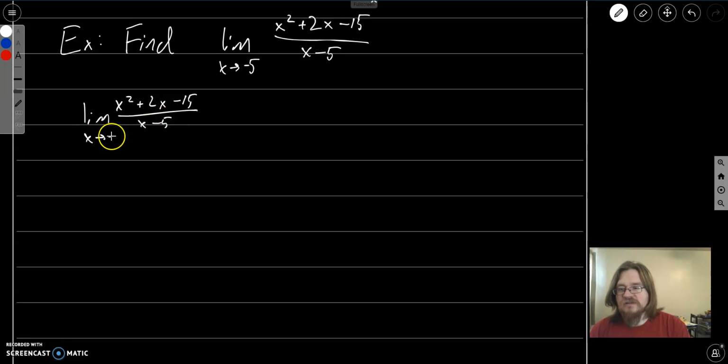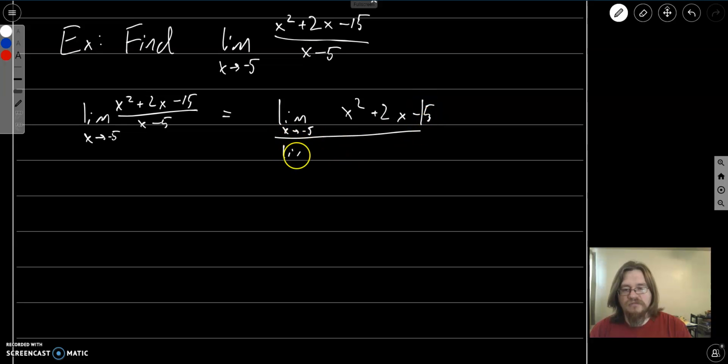So let's use our last property, and we'll say that we've got the limit as x approaches negative 5 of the top, and of the bottom.